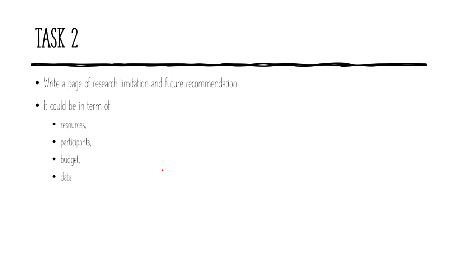Your system requirements, maybe your data, participants, maybe the participants for your survey, budget, and also data. Okay, there's a lot more. This is part of them. There might be a lot more where you think, if I have this, it should be great, but I don't have it. So that is the limitations. Okay, so that is how you find the limitations.